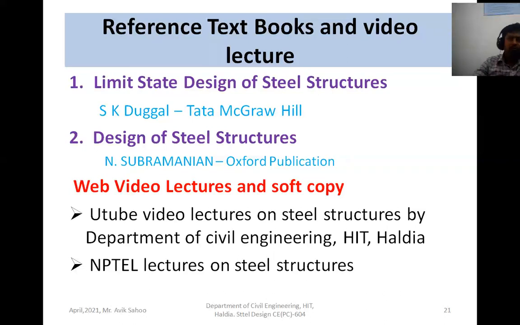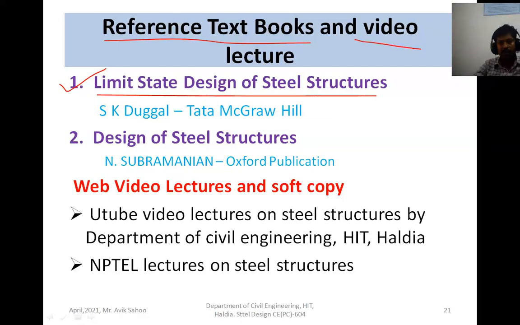Next, we recommend a few reference textbooks and also the video lectures which are available on the net. The first book I recommend is Limit State Design of Steel Structures. The author is S.K. Duggal and the publisher is Tata McGraw-Hill.